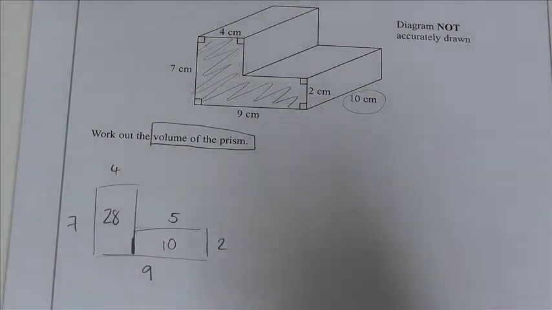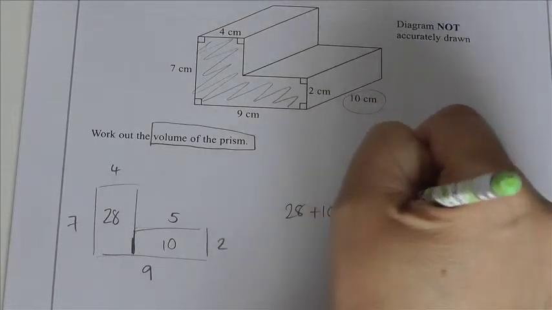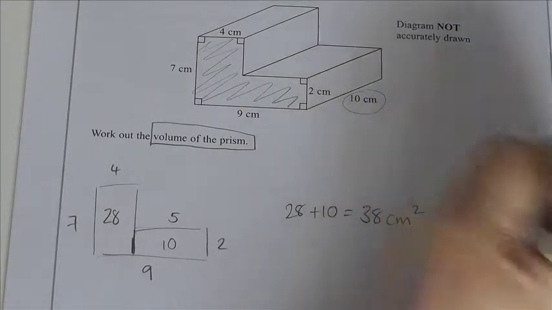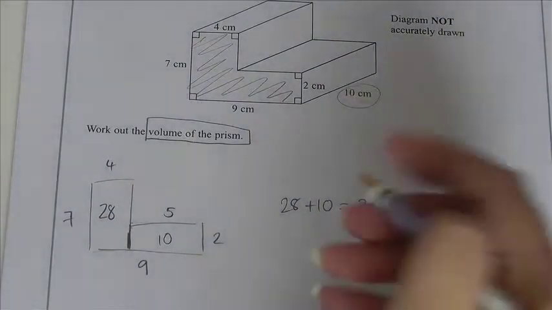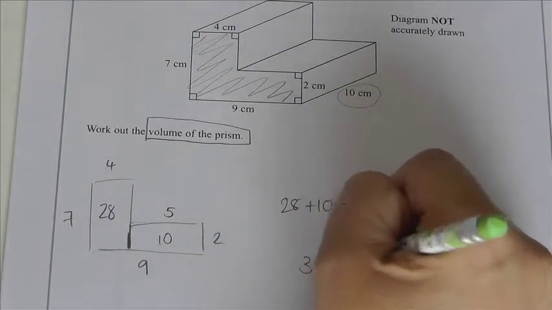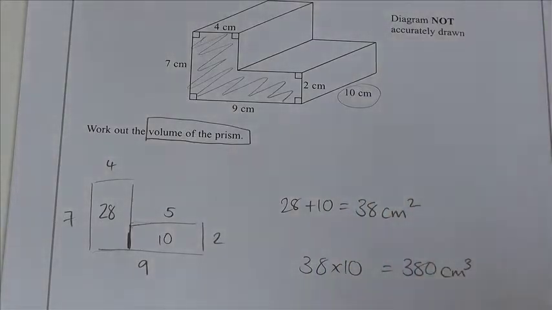And so my total cross section is going to be 28 plus 10, which is 38 centimetres squared. Then to finish this question, I just need to times it by the length, which is 38 times 10, which is 380 centimetres cubed. They gave you the units on this question, so there were no marks for them.